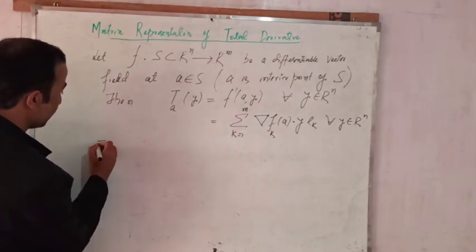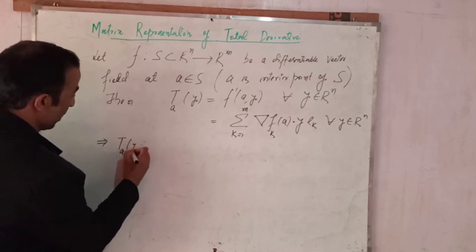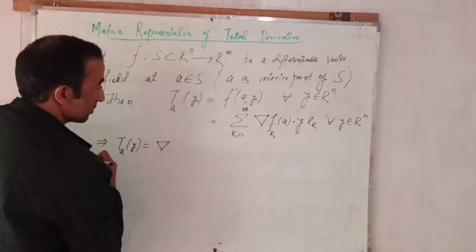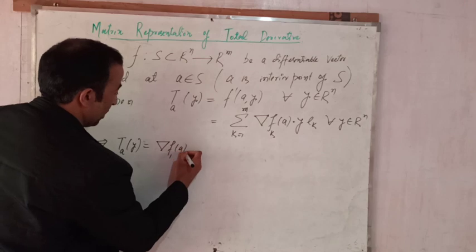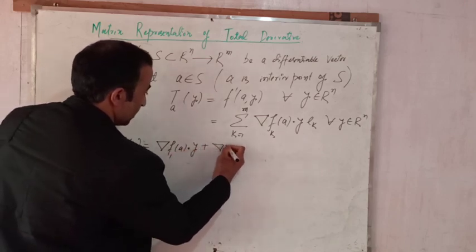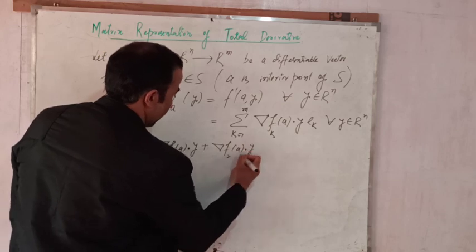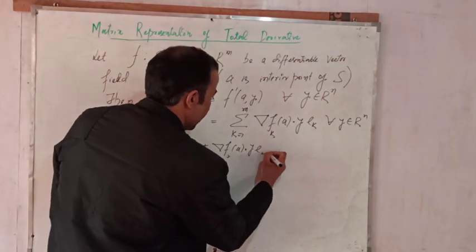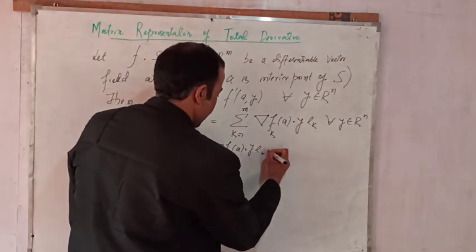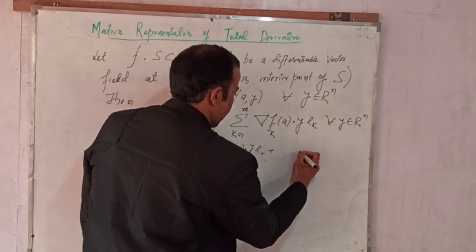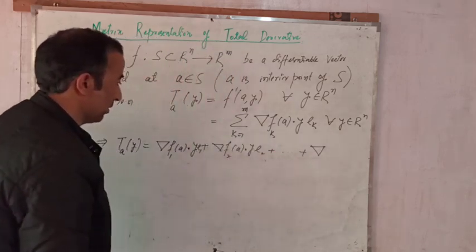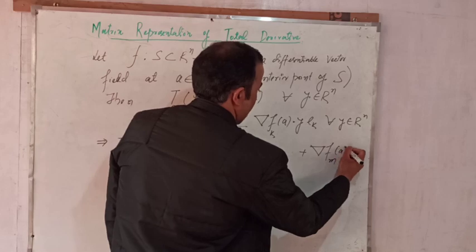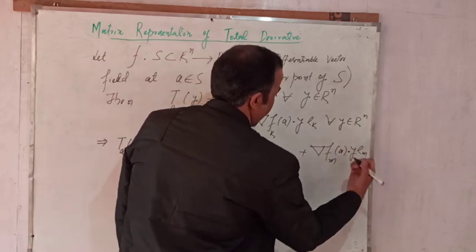So I can say the total derivative T_A(y) is equal to, I will expand this, gradient of f_1(A) dot y into e_1, plus gradient of f_2(A) dot y into e_2, plus and so on, plus gradient of f_m(A) dot y into e_m for every y.